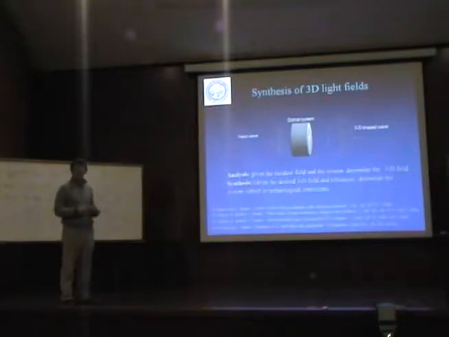I can tell you it's possible to generate anything in one plane, up to some constraints given by the resolution you can get. But in 3D, it's not always possible. So let's say I want to make a light that is bright, and in the next plane it's totally dark, and in the next plane it's bright again.